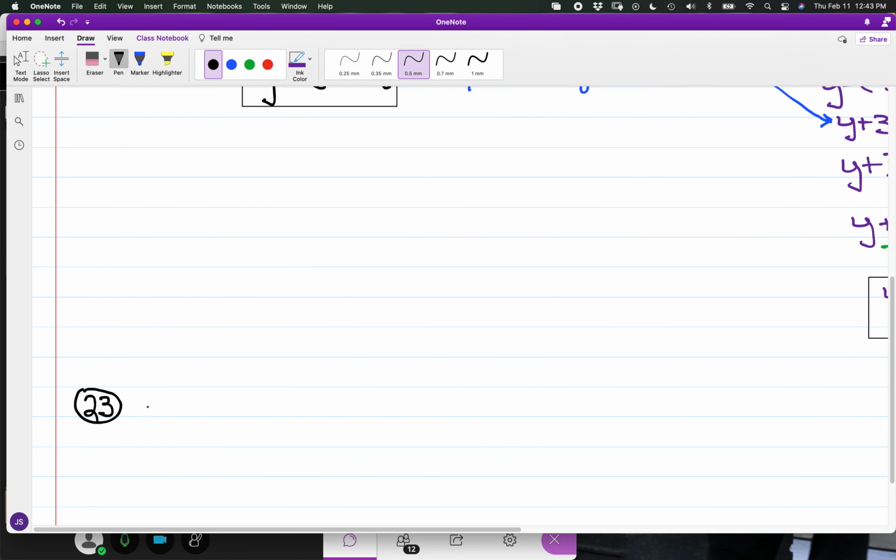We're looking at trying to find the slope of the line that's going to run parallel, as well as the slope of the line that's going to run perpendicular to a line that has a slope of 3/11.